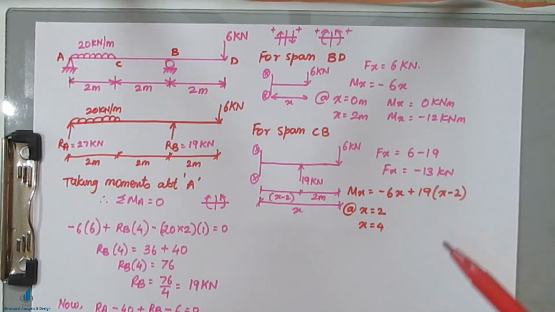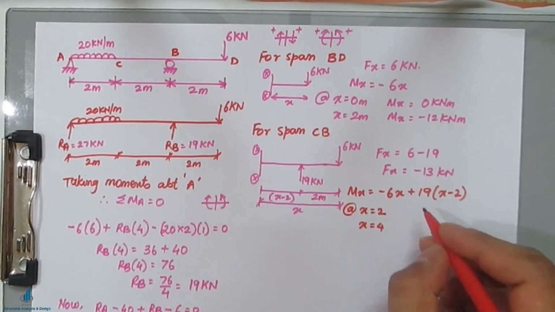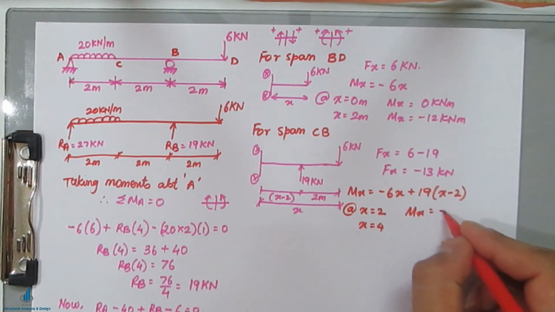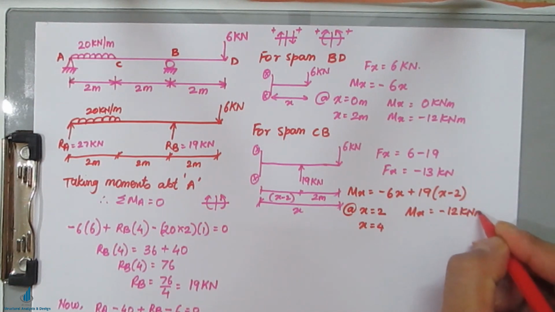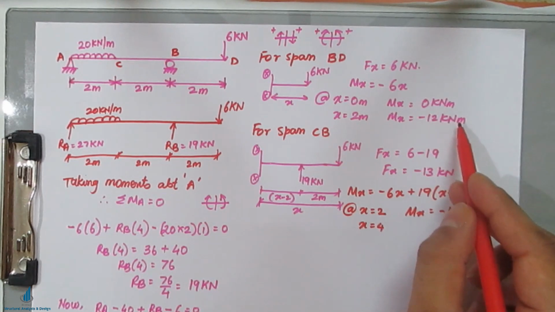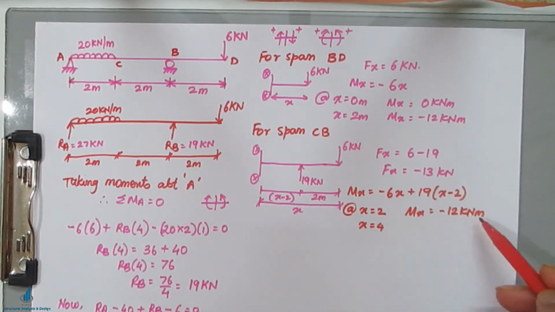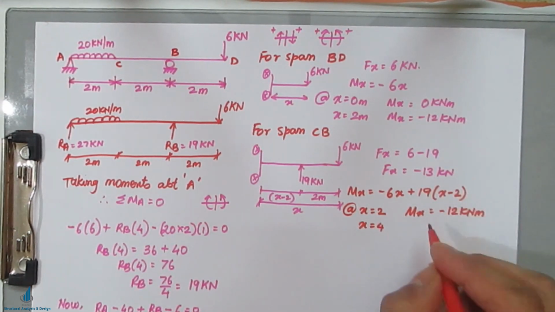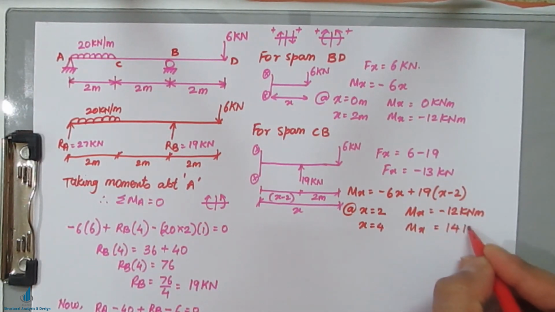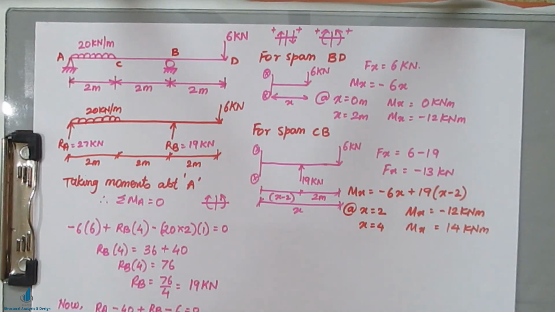Now you have to substitute in this and you will get the value Mx equal to minus 12 kilonewton meter. Just check the values. At x equal to 2, Mx is minus 12 kilonewton meter, and at x equal to 4, Mx will be 14 kilonewton meter.